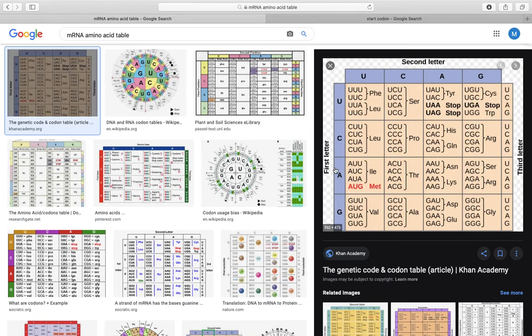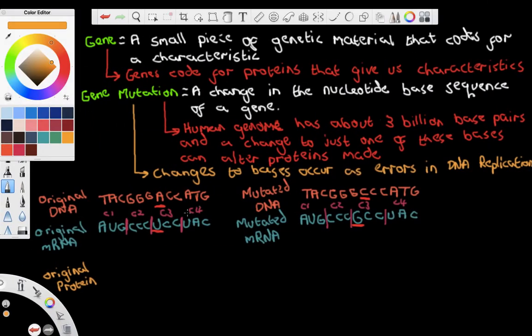So I've gone from the first letter A, second letter U, third letter G, leucine, LEU. So AUG in both of these proteins would code for leucine, LEU, and then over here we would also have LEU. We would have leucine. So this is our mutated protein.